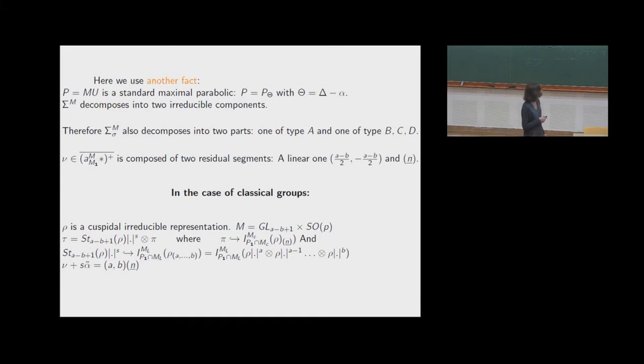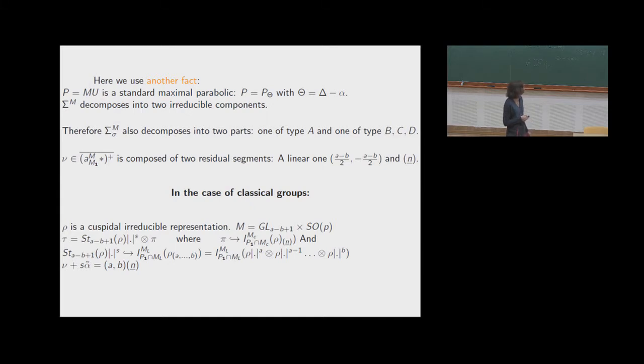So this point, this new nu, which was in the construction at the beginning, will be formed by one linear segment, so one of type A and one of type B, C, or D. So say in the case of classical groups, you have such a Levi. So this is GL A minus B plus 1 times, say, a classical group SO P.